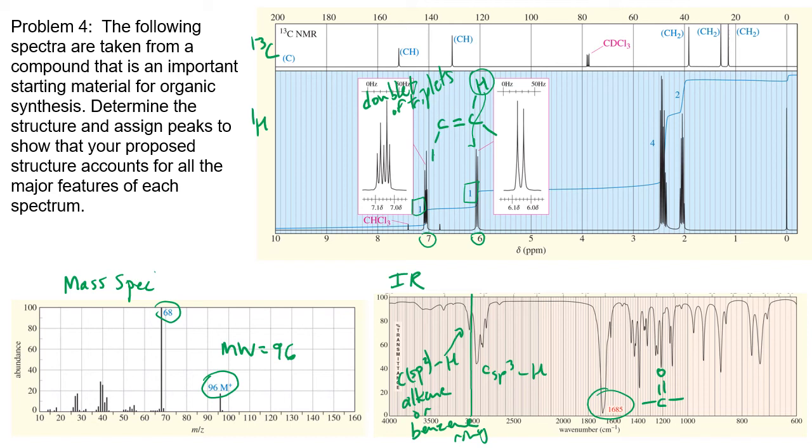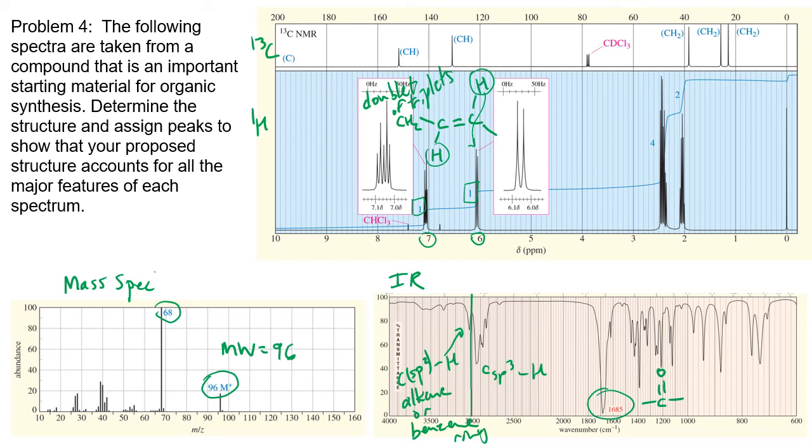All it sees is a hydrogen over here. Because this is the doublet of triplets, there must be a CH2 bound to that same carbon. Perhaps there are other options, but that seems to make sense right now.